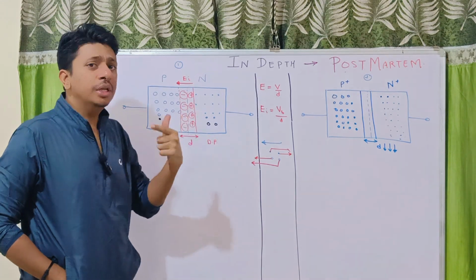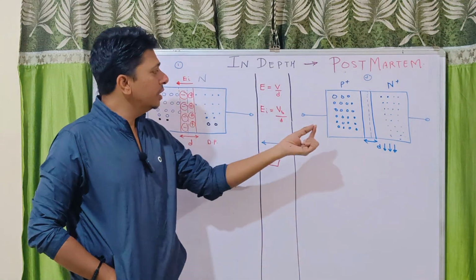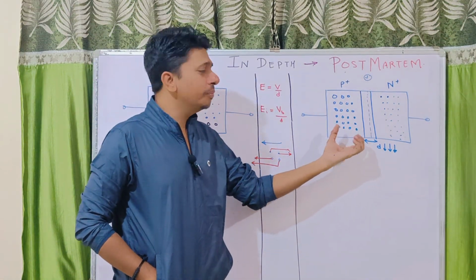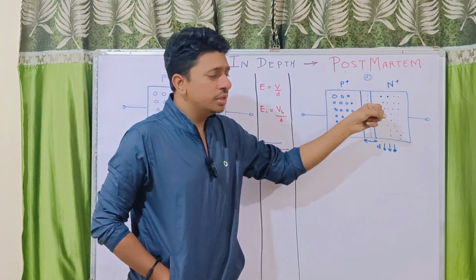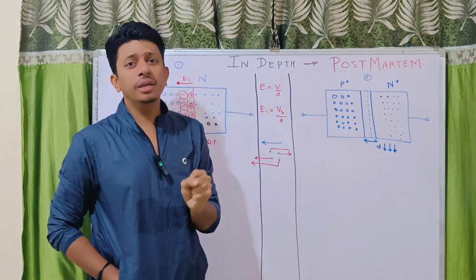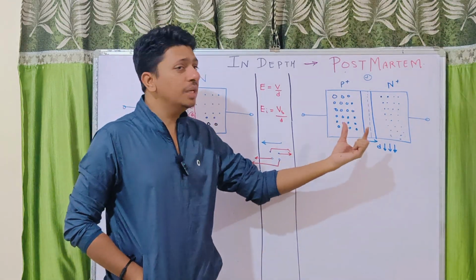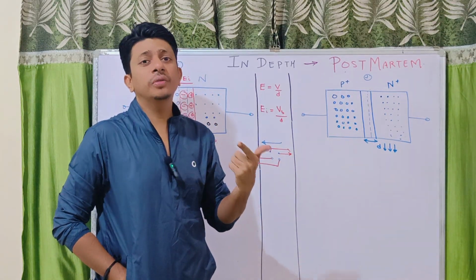Not only will there be a reduction in the depletion width, but there is also a large probability that more holes and more electrons make a deal with each other, and making a deal will indirectly increase the internal electric field.